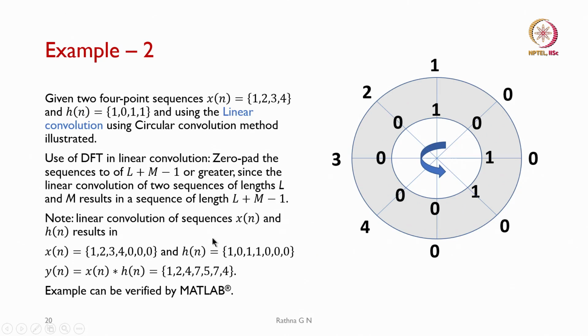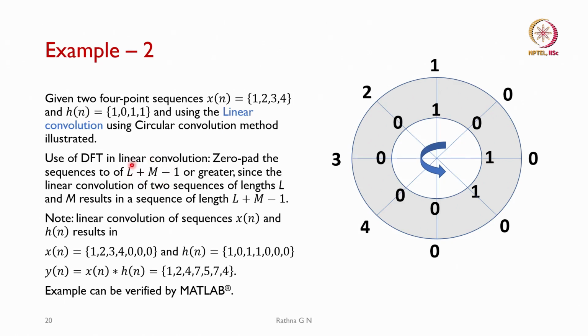So, these are the two sequences. For linear convolution using circular convolution, we have to zero pad. L plus m minus 1 is the length of the resulting sequence.